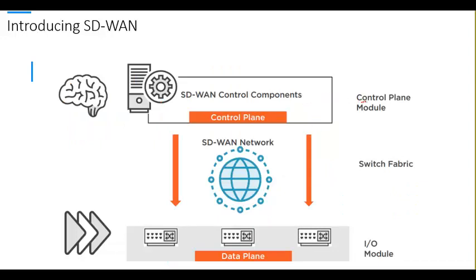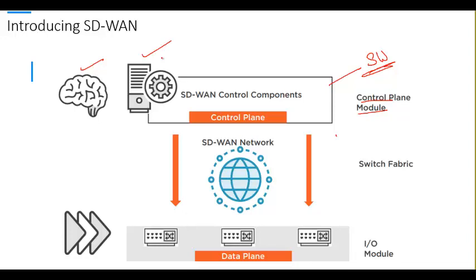So this control plane module is the brain of this big topology, the SD-WAN network. And these controllers are mostly software which sits on VMs. They're not hardware. They sit on VMs. They're software.